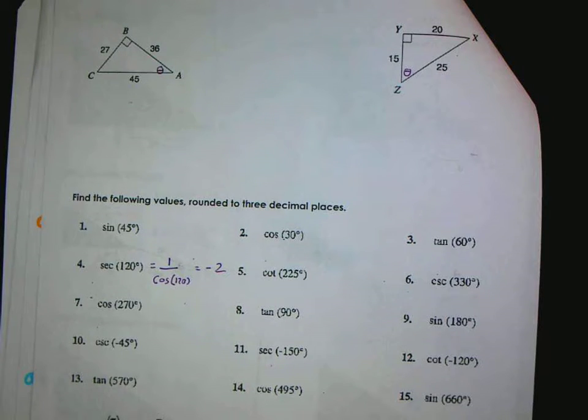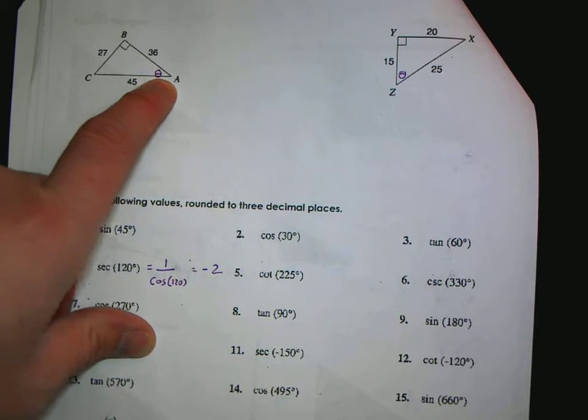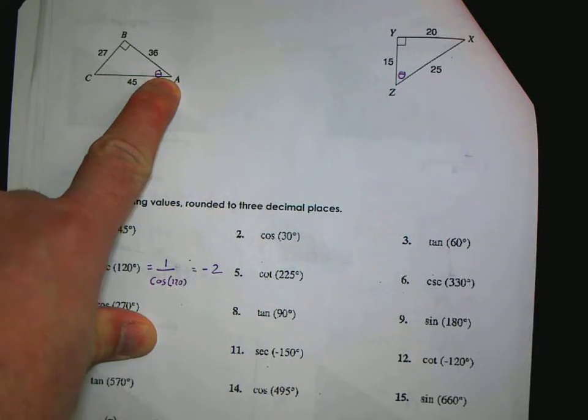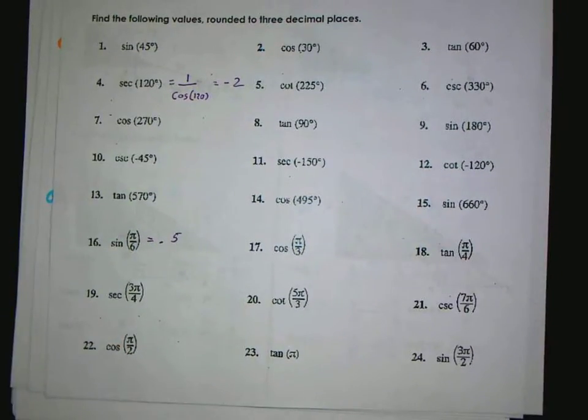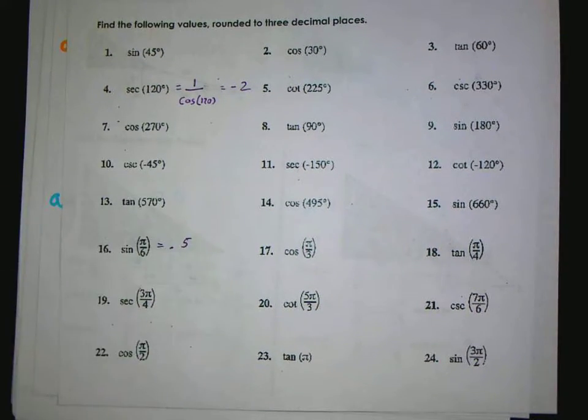So your skill, can you go through and set up sine of theta, cosine theta, tan of theta, secant theta, cosecant theta, cotangent of theta and reduce to fractions. And at the very, very least, you know how to type these in the calculator and get a decimal value.